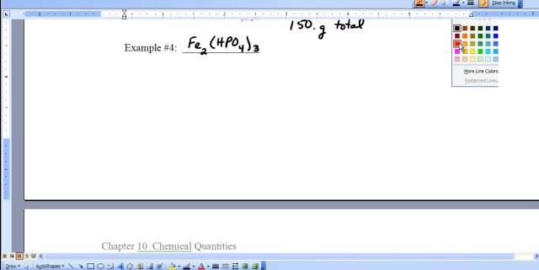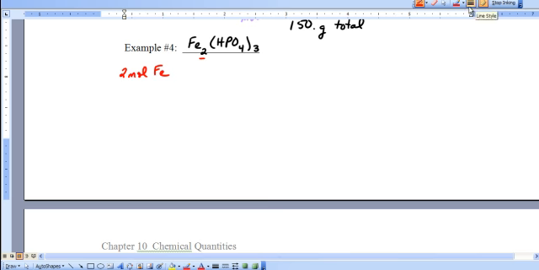Let's start with red. In the compound we have 2 moles of iron, Fe. Switching over to say blue, it looks like we have 1 hydrogen, but there's a 3 over here, so we have to distribute that across the parentheses.